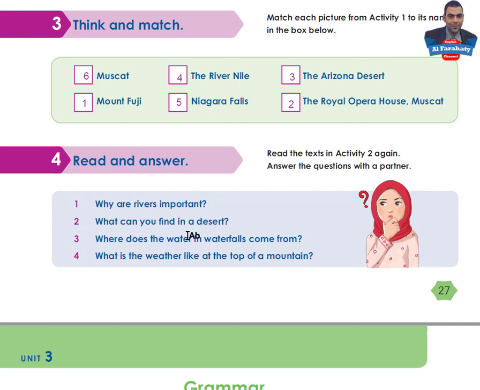What can you find in a desert? 3. Where does the water in waterfalls come from? 4. What is the weather like at the top of a mountain? Take your time to answer these questions, and you can ask your partner to help you. Then come back to check your answers.